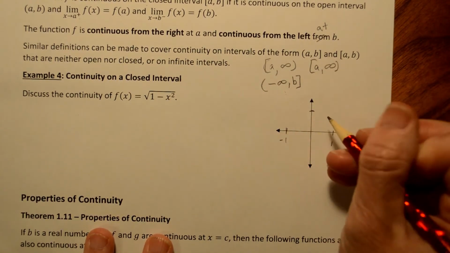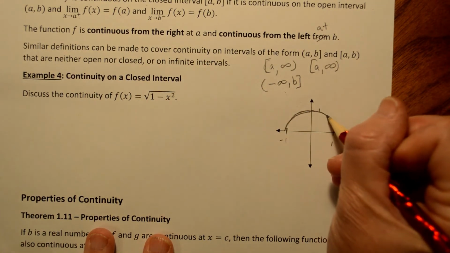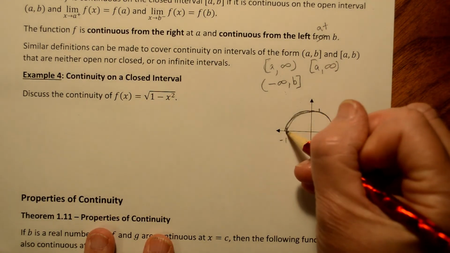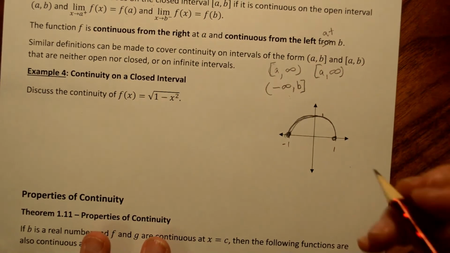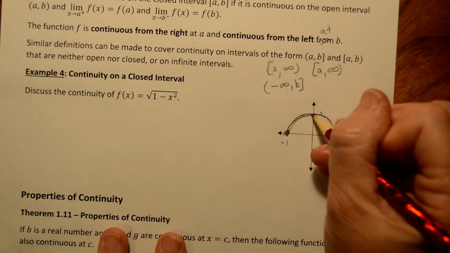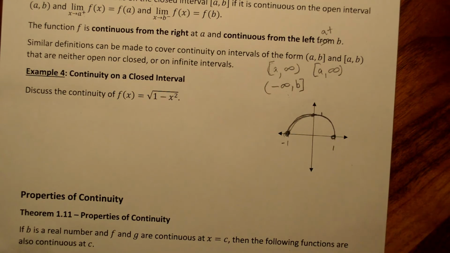This is a semicircle. It has radius 1. It looks like that. And at this endpoint right here we have it defined as (0, 0), and then here it reaches its max of 1 when x is 0. So discuss the continuity of that.